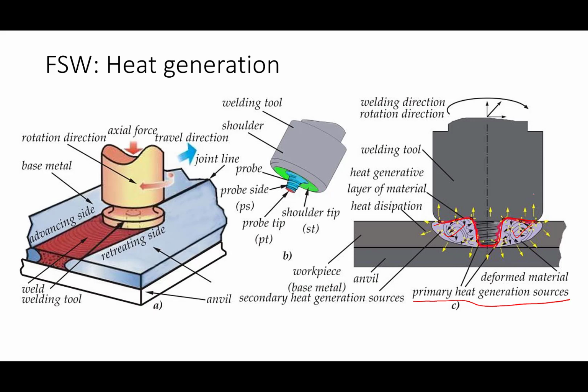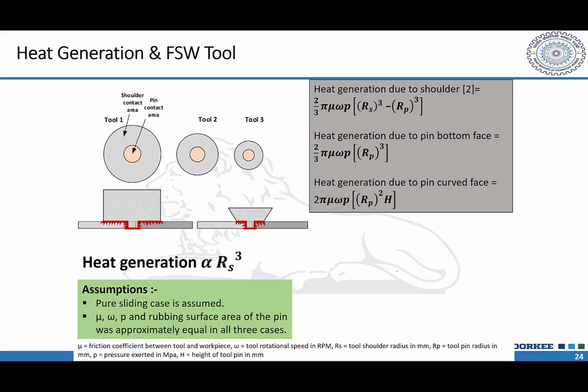And in this process your metal is also getting deformed, so that will also be generating the secondary heat. So the primary heat is about the friction and the secondary heat is about the deformational heat.